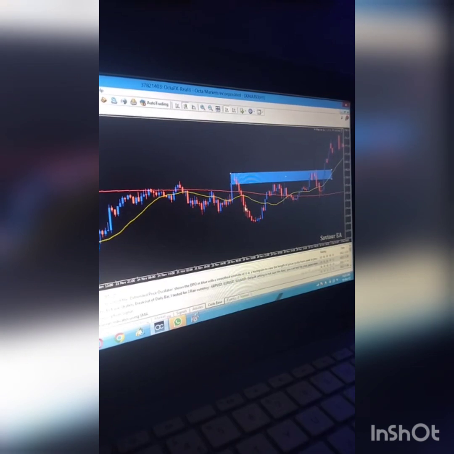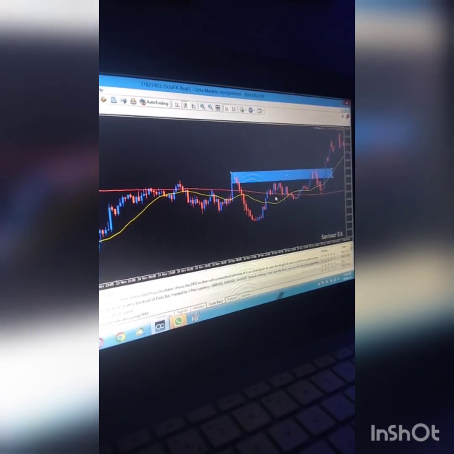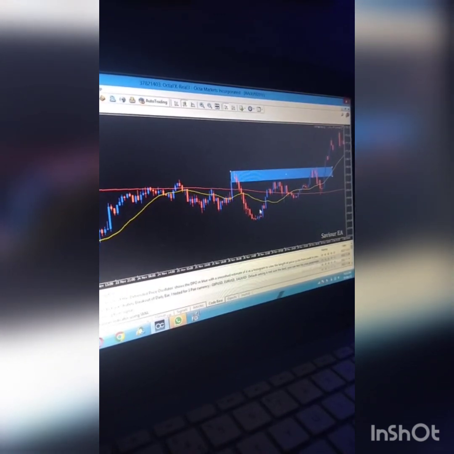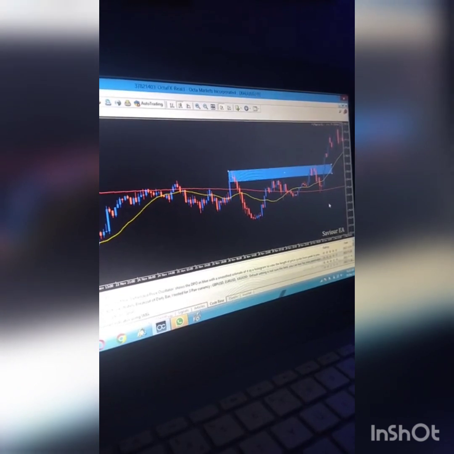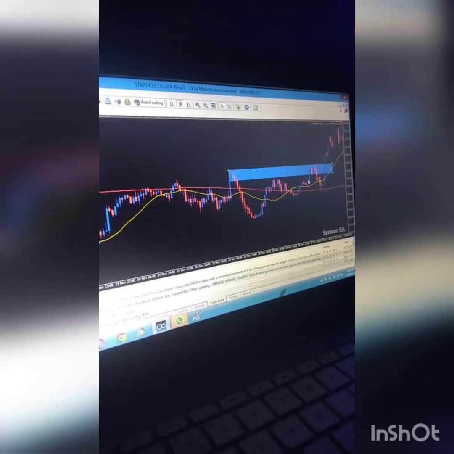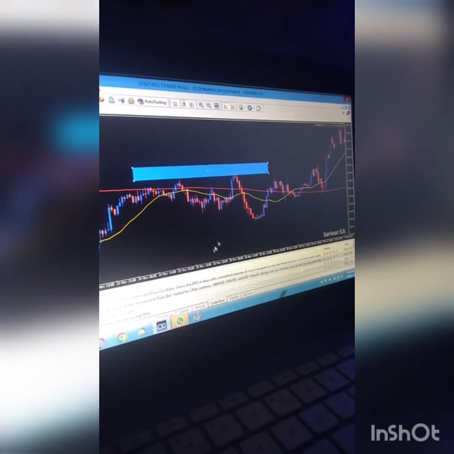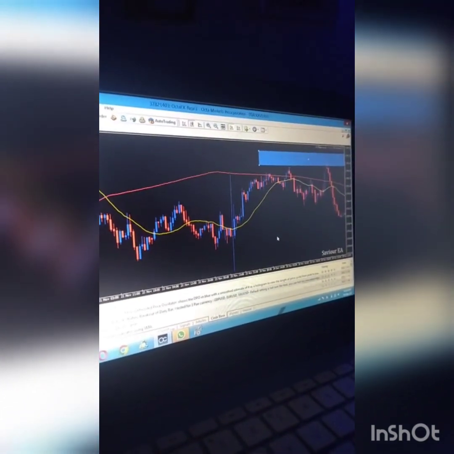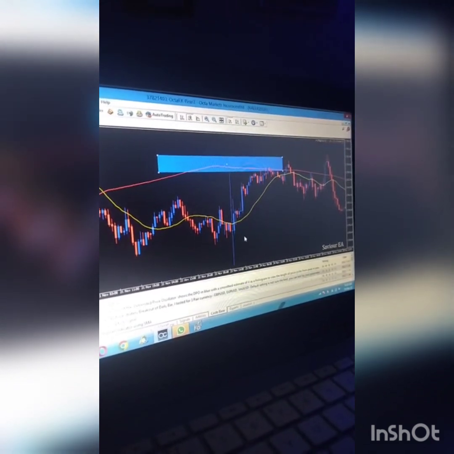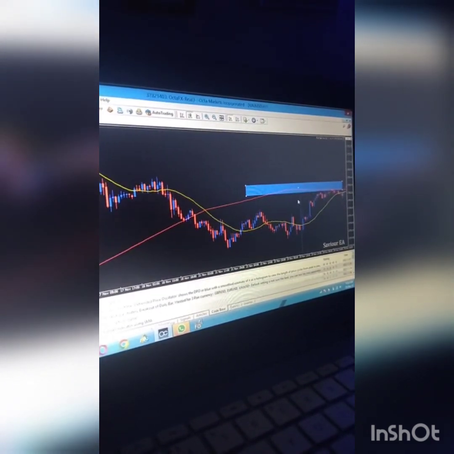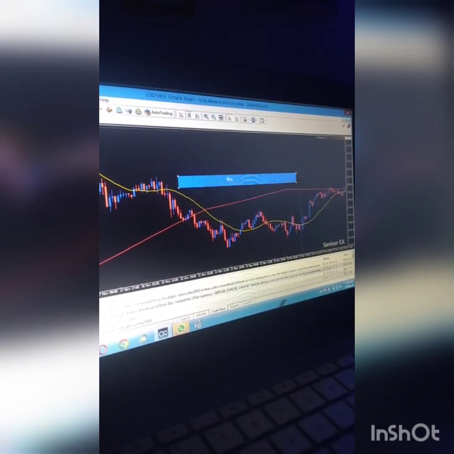A strong movement here. But what happened? When price got here, it tested it. It dropped. Came back to test it. Drop before it breaks it. Okay. If you are a scalper, this should work for you.